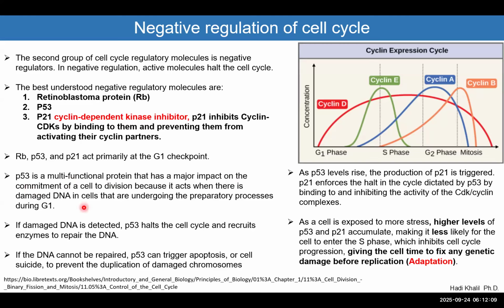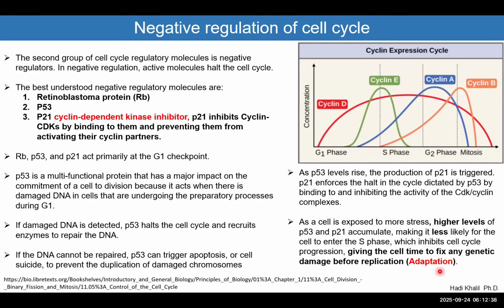And if there is DNA damage in the cell, then it has to go into the repair process before it can proceed. And if we jump into this part of the slide, if a cell is exposed to stress, and remember, we mentioned that stress doesn't mean all the time that the cell is going to die.